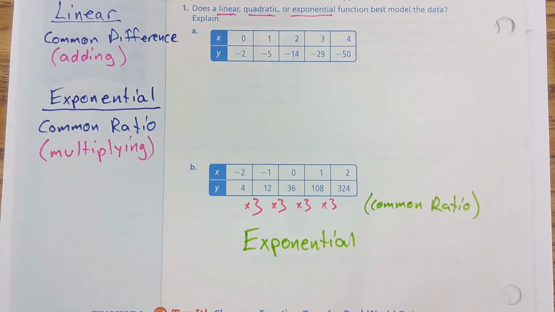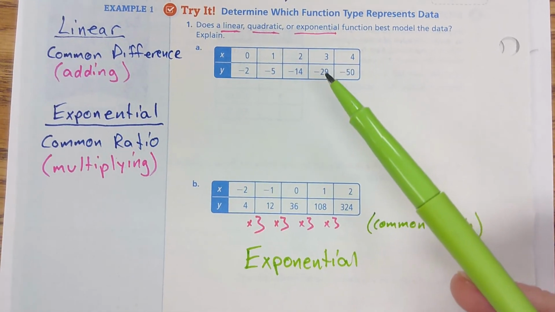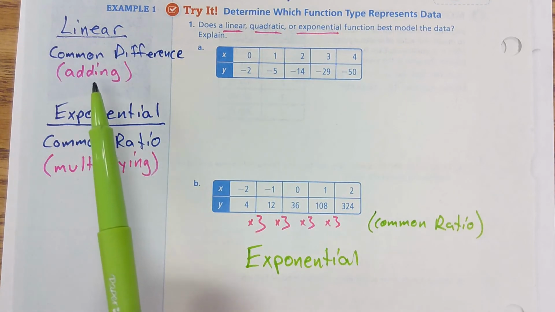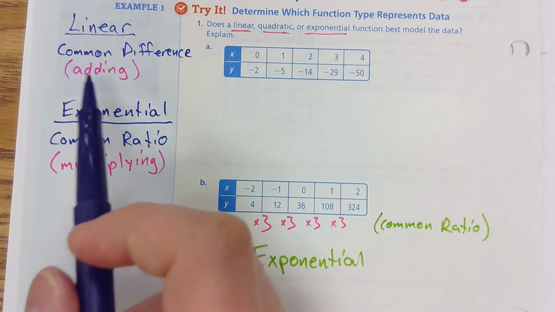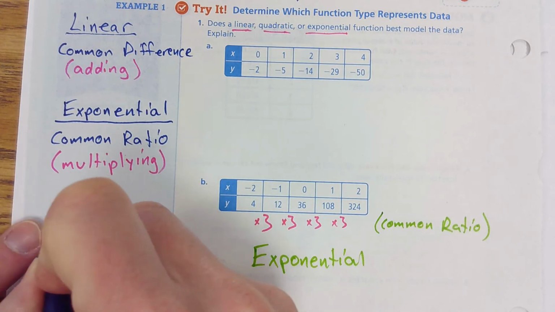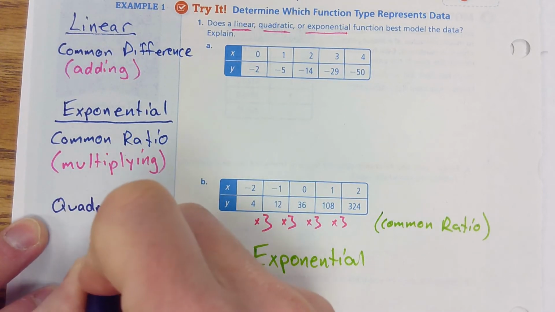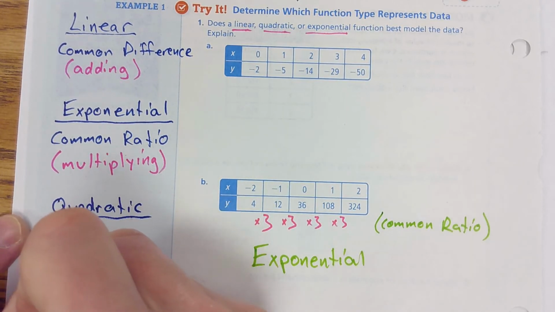So the new one we're looking at in this unit, we've been talking about quadratics. So for quadratics, if we're looking at this table, we're not going to have a common difference. We're not going to have a common ratio. We're going to be looking a little bit deeper into the difference and look at what's called the second difference. So for the quadratic, we're looking at the second difference.